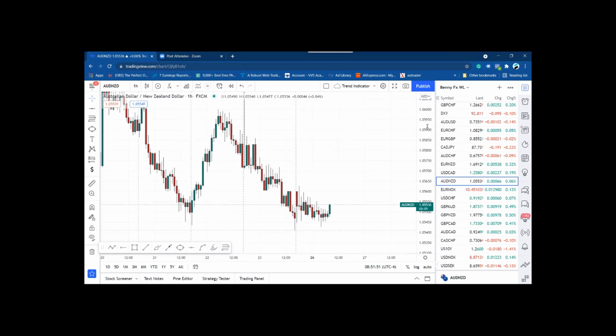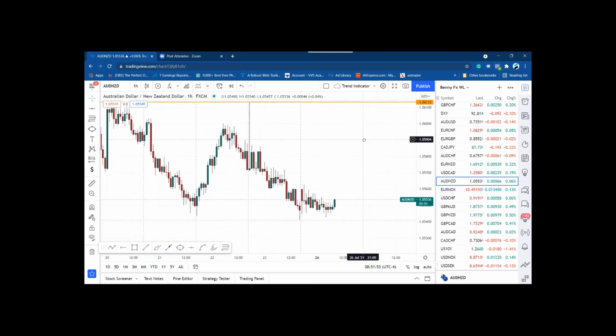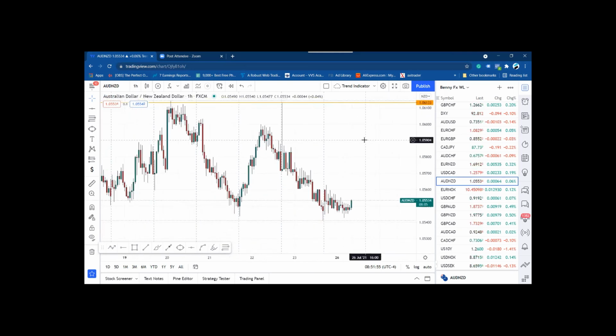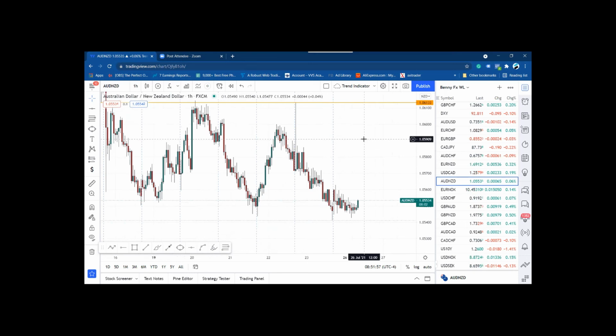I don't see a good setup in Australia, New Zealand. I'm sorry, but I think the buyers are actually down. The buyers for this pair are down, right? Based on fundamentals, we already know that the New Zealand Central Bank has already turned hawkish, right? They are already talking about stopping the bond purchase, and they are likely to increase interest rate in 2022.